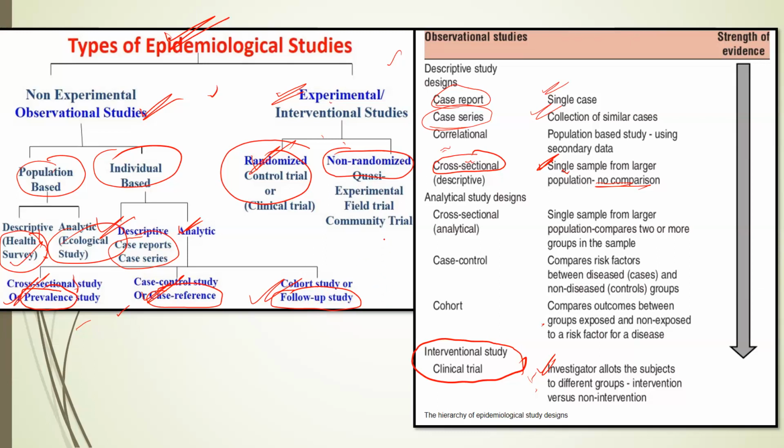Okay. So then you also have cross-sectional analytical study. This is another type of prevalence study. So in this sort of prevalence study, that is the cross-sectional analytical variety, a single sample is taken from the population, and this sample is divided into generally two groups.